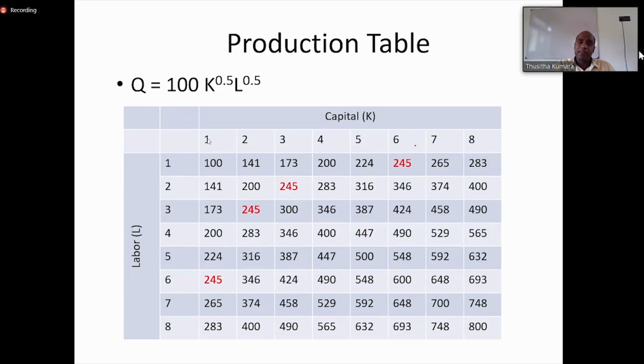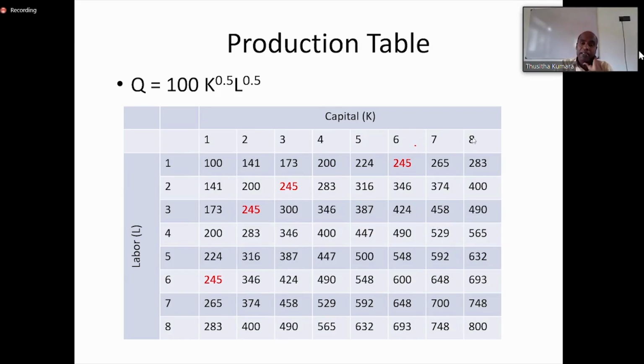That tells us how we are going to mix labor and capital. You can put this one here and this one here and do the calculations, and you get 100. That tells us simply, if you mix 1 capital and 1 labor, what is the level of output? Here it says 1 labor and 2 capital. Then what is the output level? It is 141.